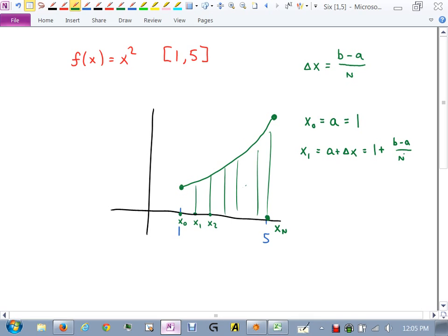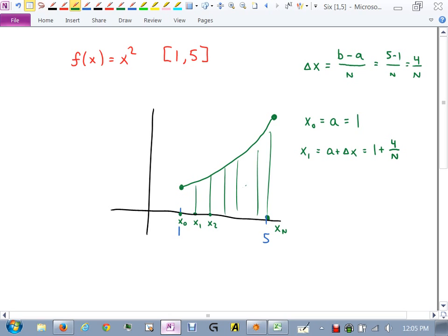Oh, we didn't plug in b minus a. What's b minus a? 5 minus 1 over n, so that's 4 over n. Sorry, go back up here. We never plugged in the 5 minus 1 and got 4 over n, so let me replace this with 4 over n.